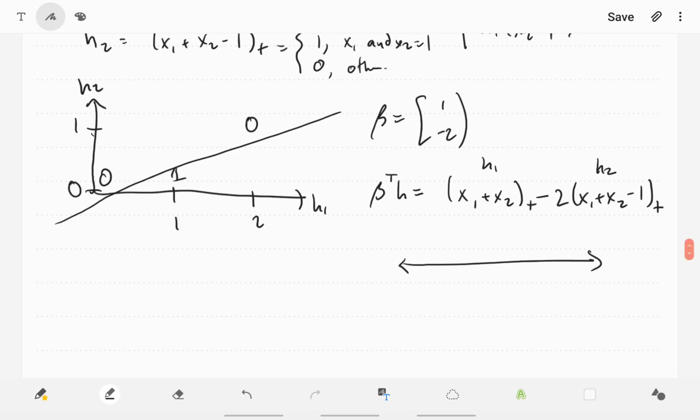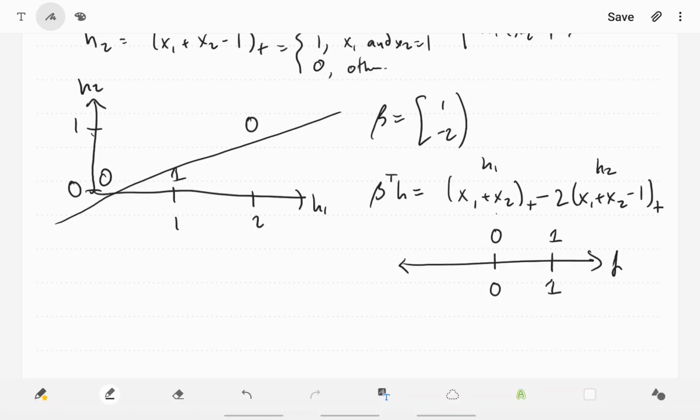When h1 is 1 and h2 is 0, this is going to produce something that's 1. So this is the output, F, and we get the label for the data, which is a 1 in that case. When h1 is 2 and h2 is 1, then we get a 0 here.